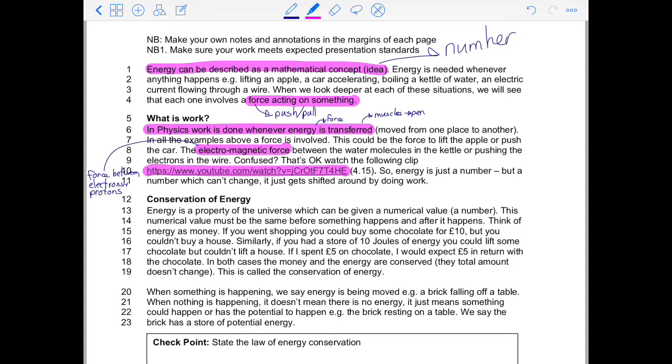So hopefully you've watched that clip now, and a lot of you will likely be saying, that doesn't make any more sense now, miss. So the biggest thing to remember: energy is just a number, okay? But the overall amount of energy, the overall number, can't change. It just gets shifted around by doing work.